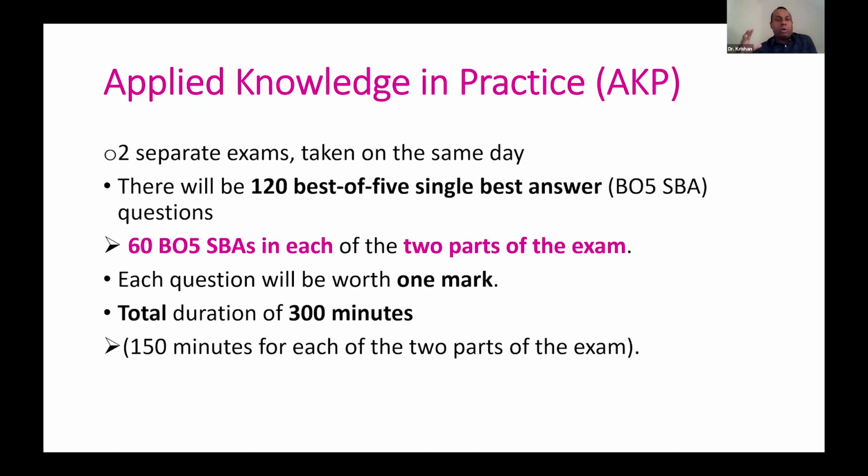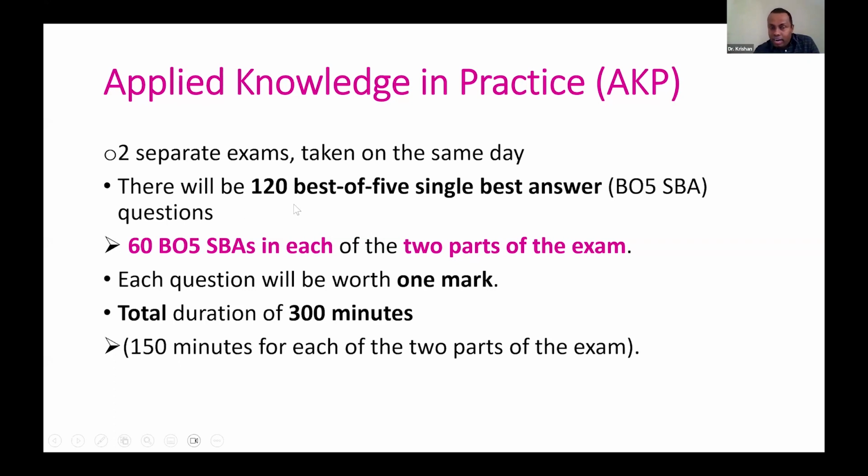So there will be a total of 120 questions in this paper. The difference is you got a lot of time, right? So to answer 60 questions, you get 150 minutes, right?